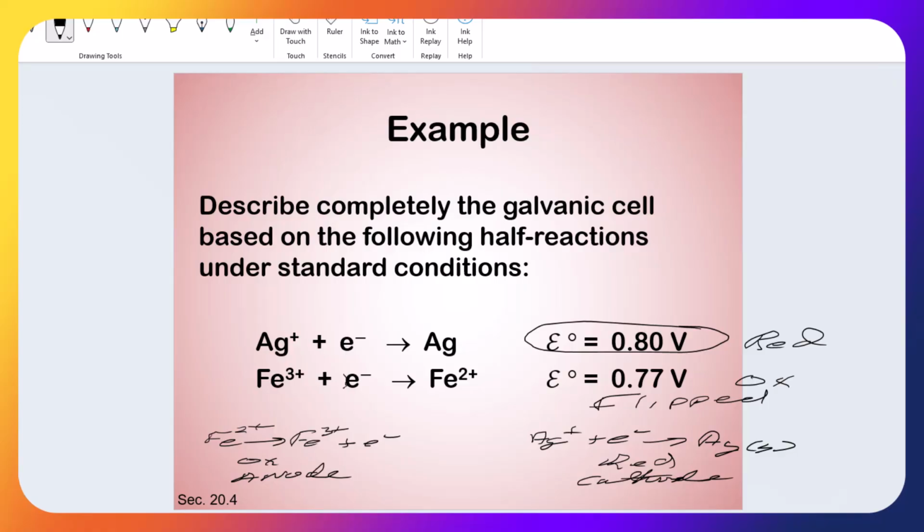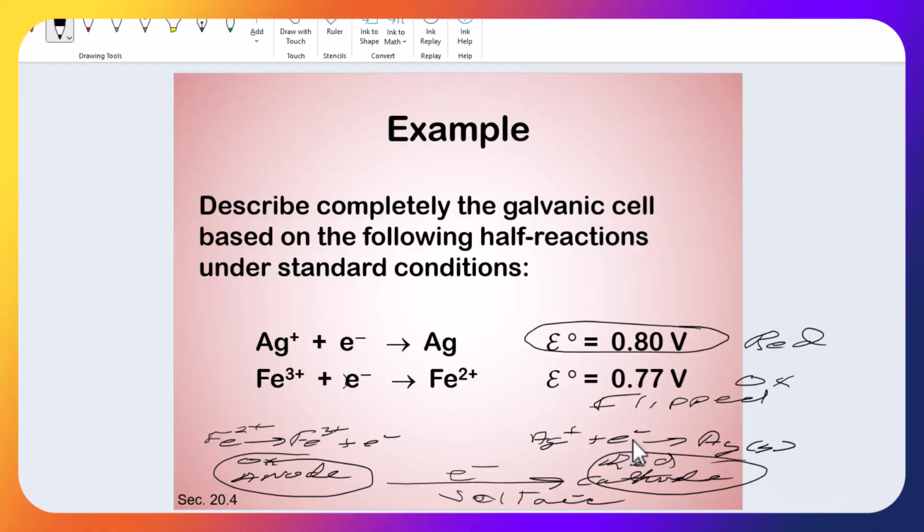Just remember that anode is where oxidation takes place. Cathode is where reduction takes place, and the electrons always flow from anode to cathode in a voltaic cell, and they do it spontaneously.